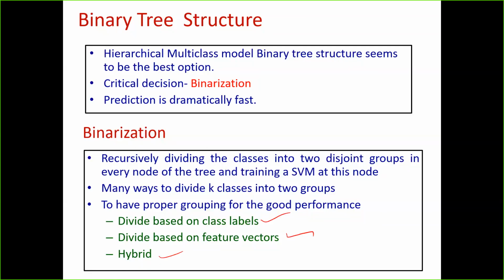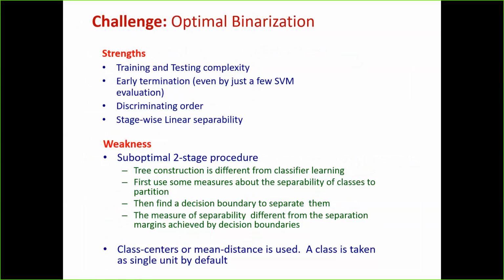There is some research going on here also. Even we had 2-3 papers on this binarization, not now, long back, some 4-5 years back. Yeah, my papers. So the challenge is optimal binarization.